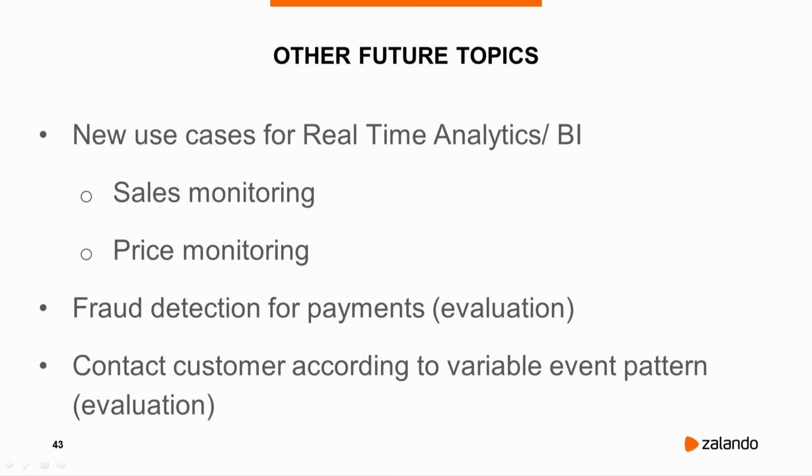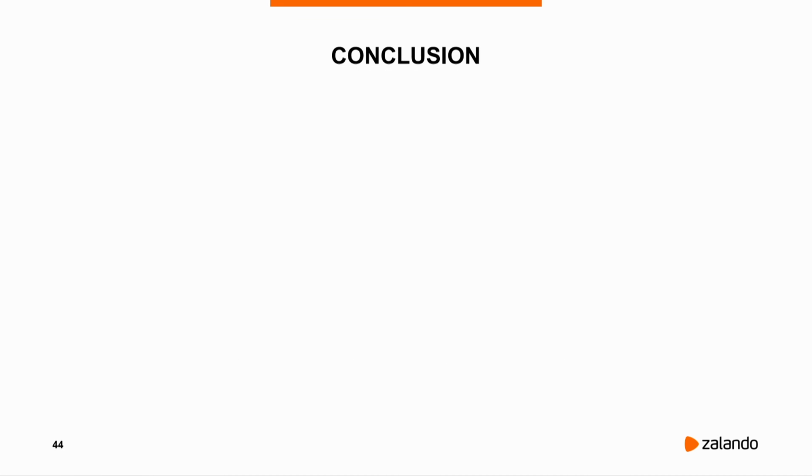And fraud detection for payments, which is currently in the evaluation phase, and customer contact, to contact a customer according to a given event pattern, which is also in the evaluation phase from that particular team.